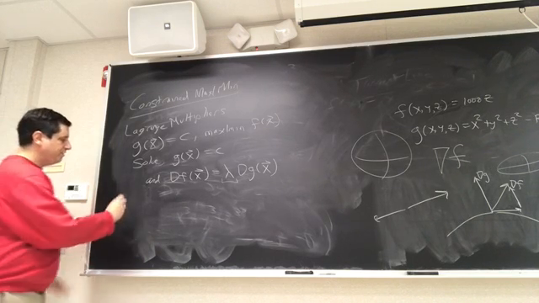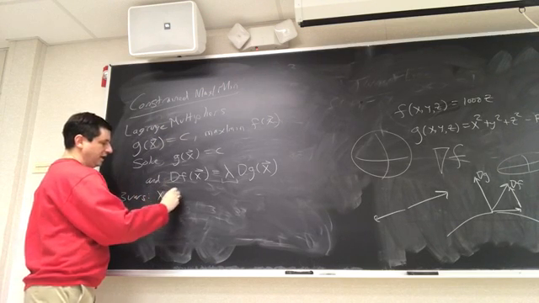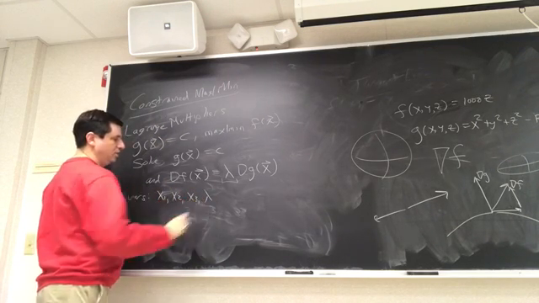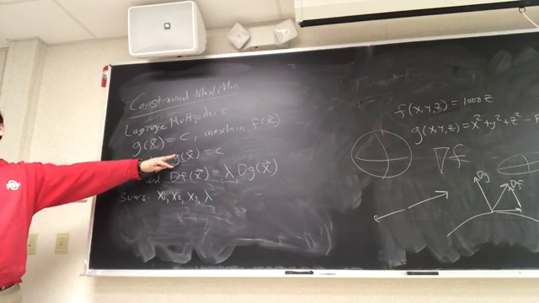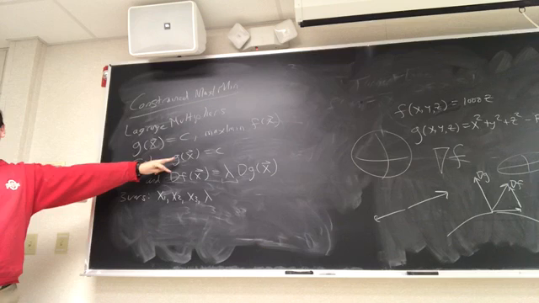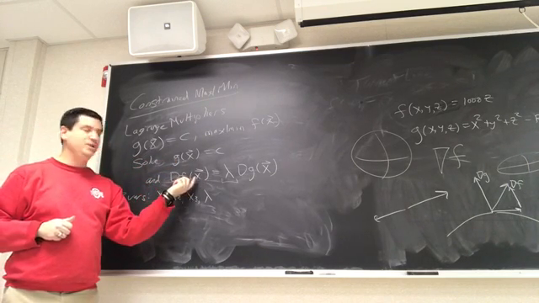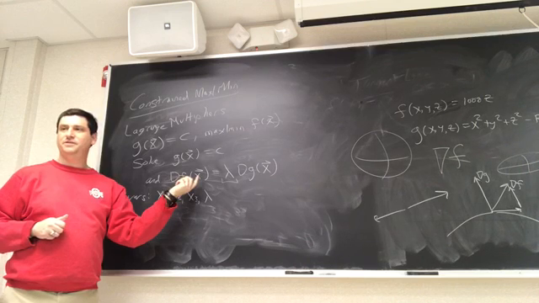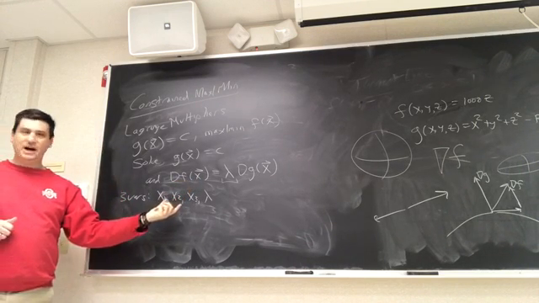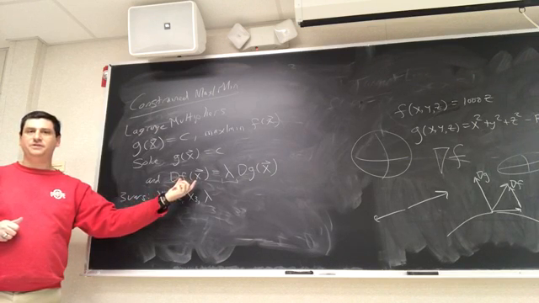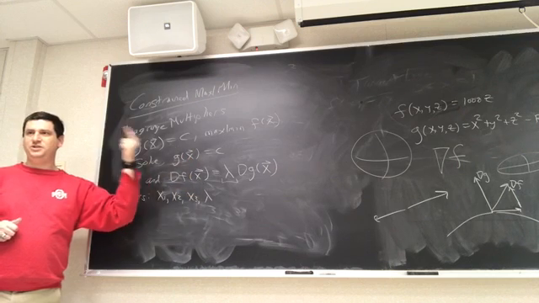So if we have three variables, x1, x2, x3, we have 4 unknowns and only 2 equations. This should scare you. But this is actually a vector equation. How many components does the gradient of f have if we have 3 variables? df dx1, df dx2, df dx3.